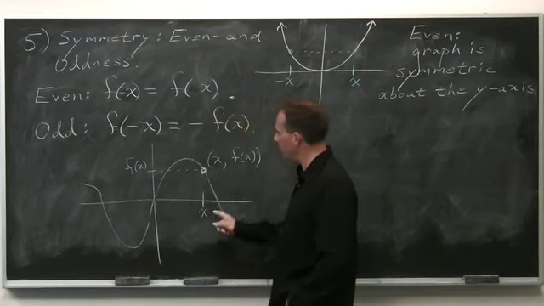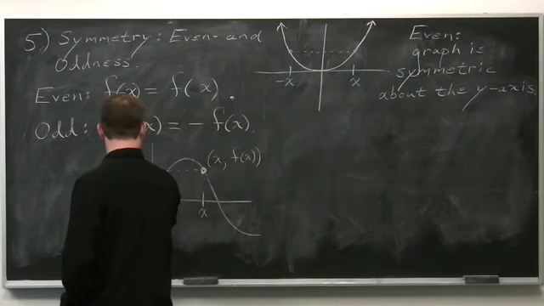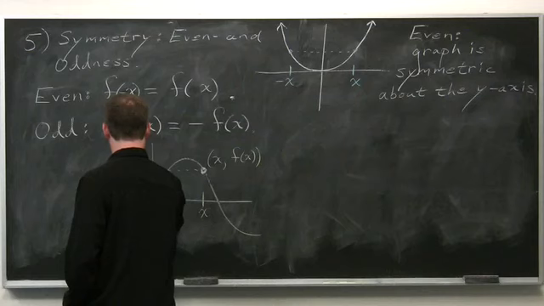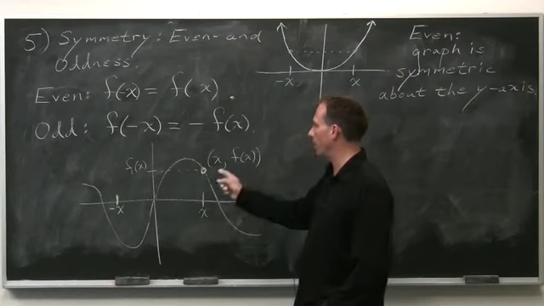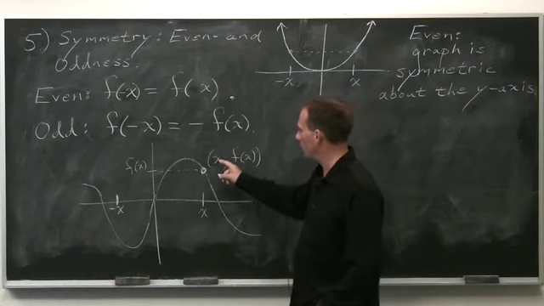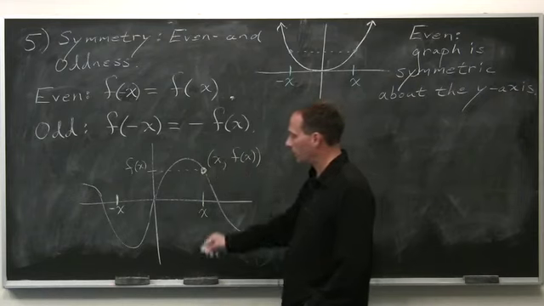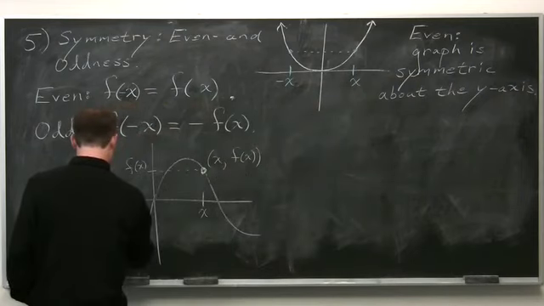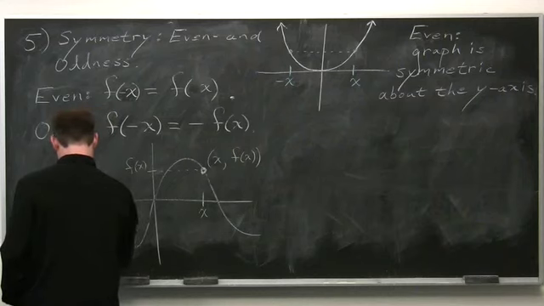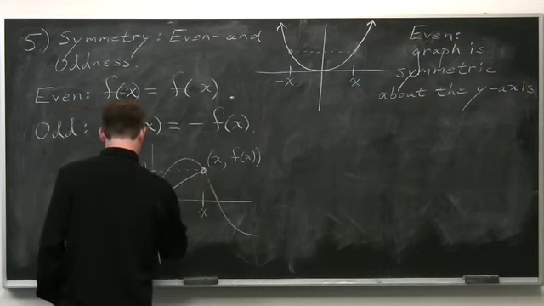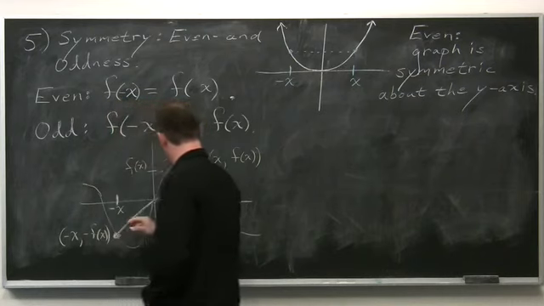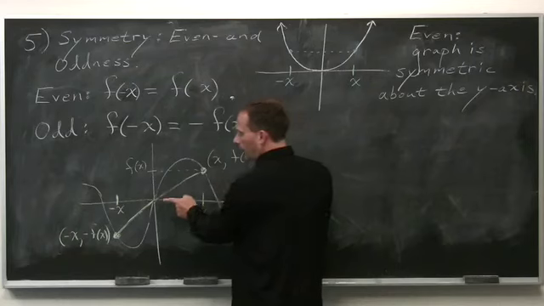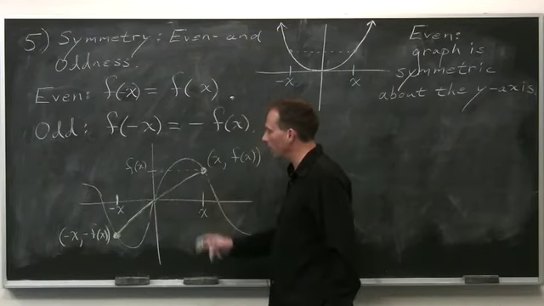If the function is odd, it means when I negate the x coordinate, when I go over here the same amount, I am supposed to get negative this f of x coordinate. So when I negate the x coordinate, I negate the y coordinate, which means if I've got a point like x, f of x, over here I get negative x, negative f of x. But that's the point that you get if you take a line through the origin and go the same distance along that line out the other side into negative territory that you went over here.